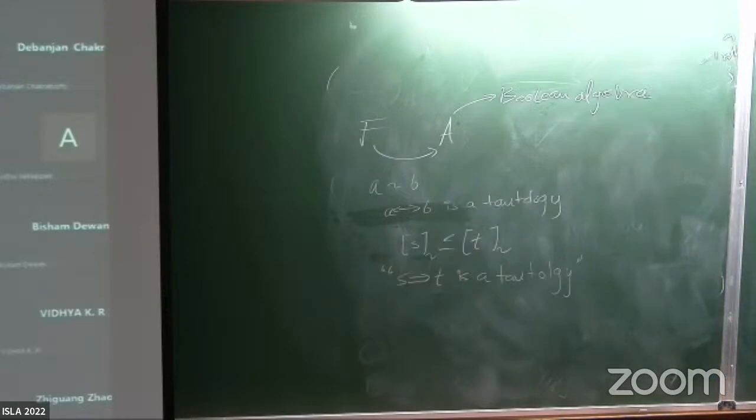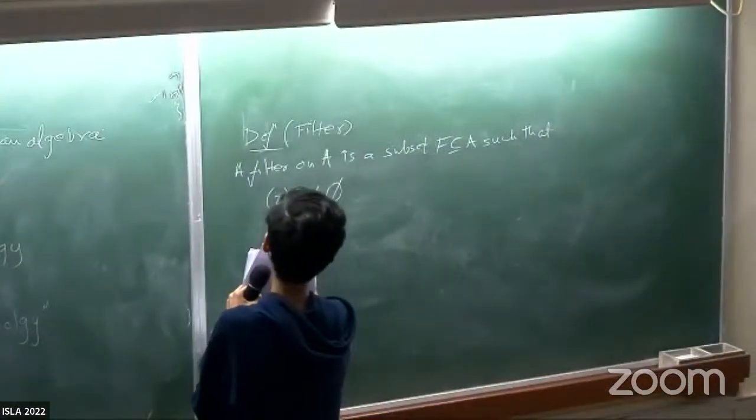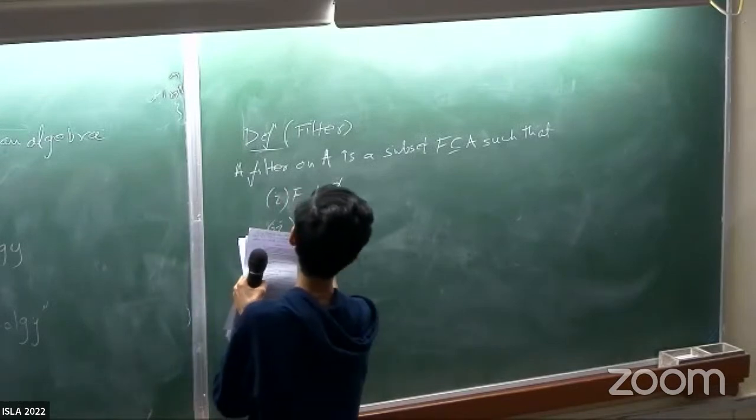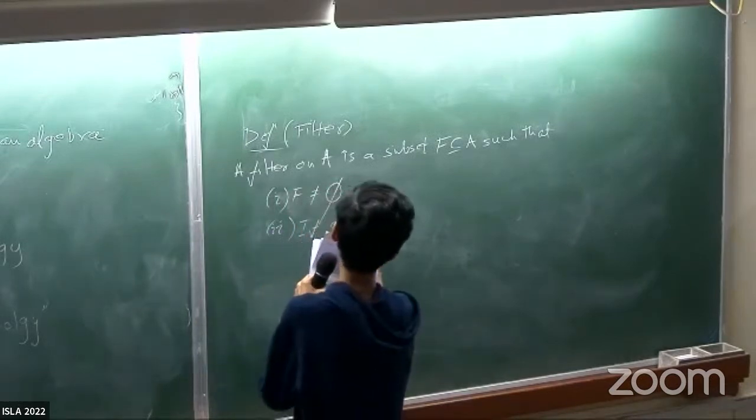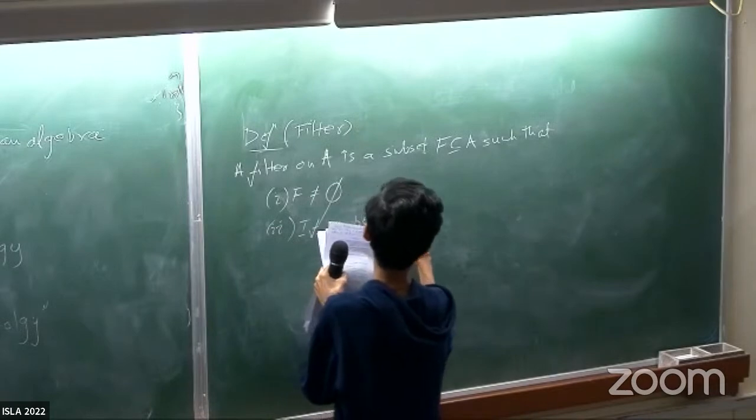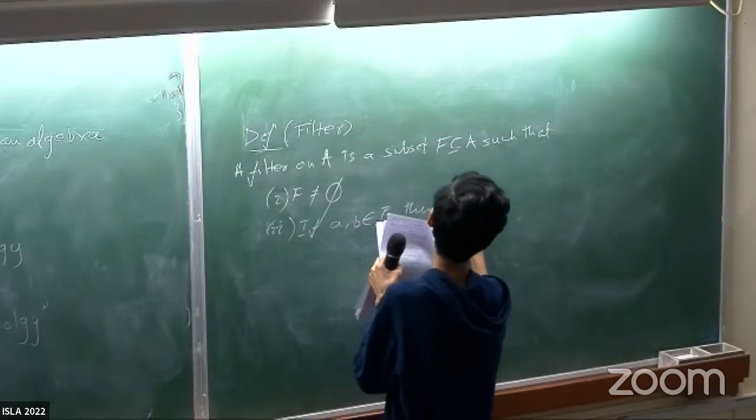A filter on A is a subset of A, let's call it F of A, such that first of all, we require that it be non-empty. Second, we want that if A and B are in F, then their meet is in F.